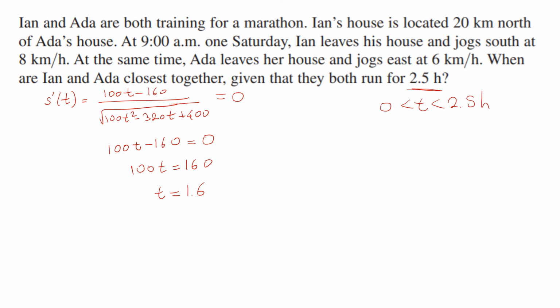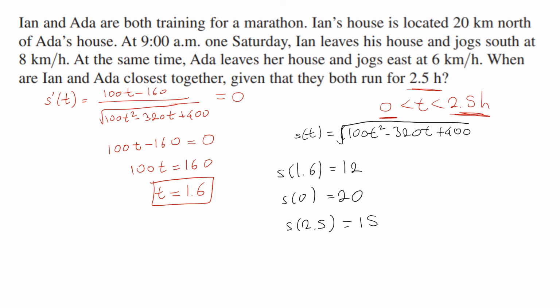Now all I need to do is plug in these values to my original equation. So now, because this was my original equation that I found, when I plug in 1.6 and 2.5, I get these values, and I see that it's asking for the minimum value, right? How do I know that?